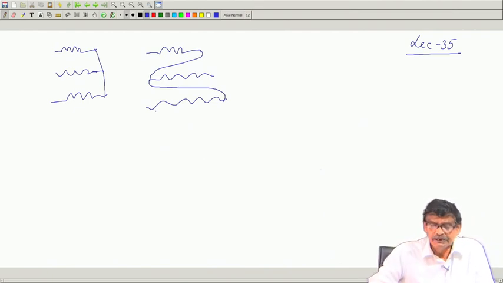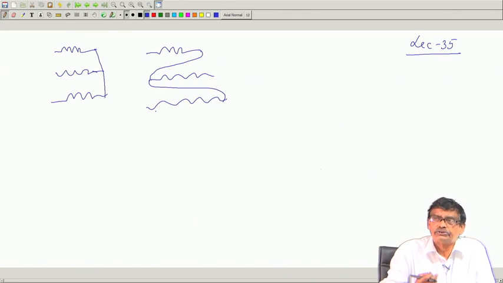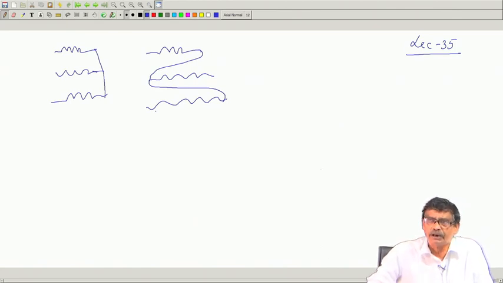So, star connection means there are three two terminal devices, and one from each you just short them without asking any polarity.